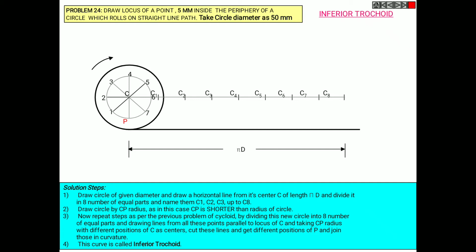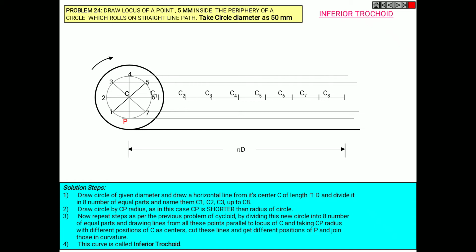Now taking C to P as the measurement in your compass. Before that, extend the horizontal lines from 1 passing through 7, firstly through P, and from 1 passing through 7 to C is already done, 3 passing through 5, 4.